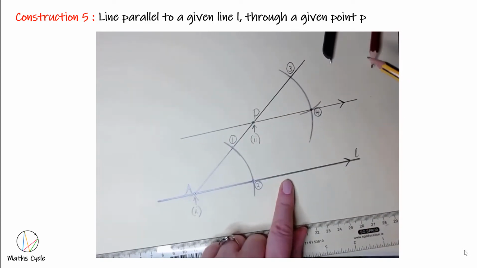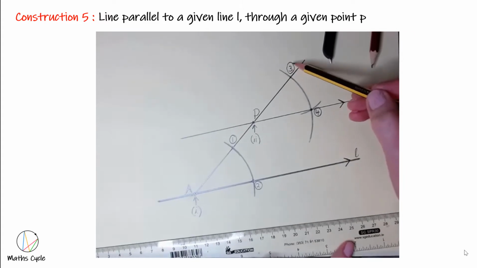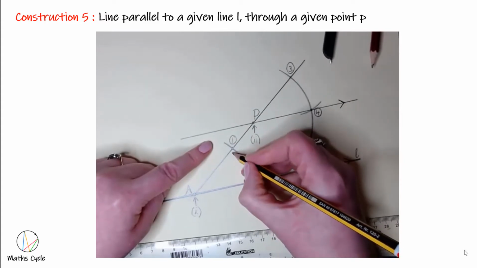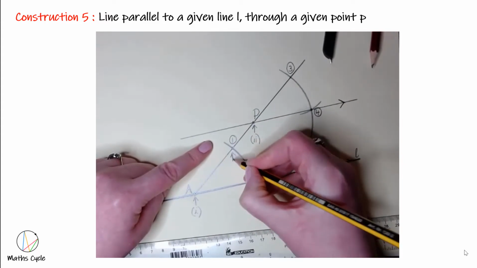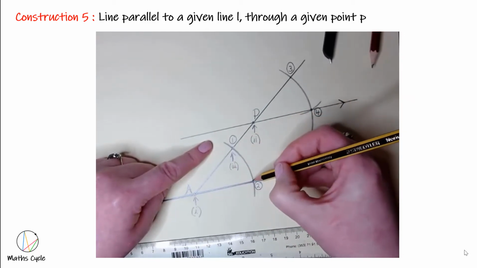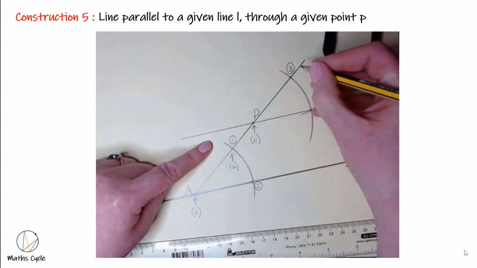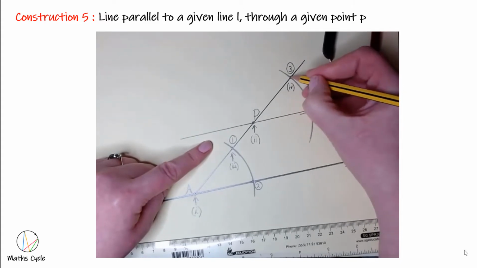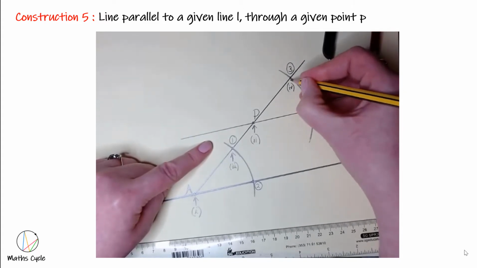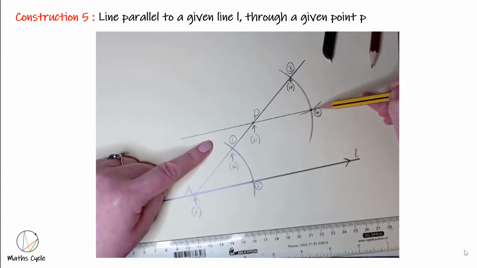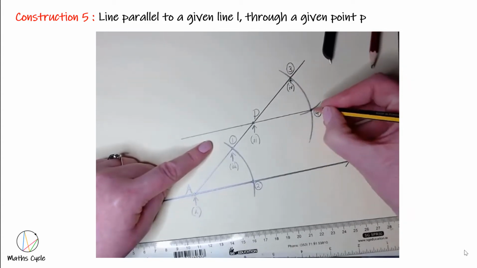Now let's just recap what we did there. After we made the point 3, we came back and put the point of our compass here. That was the third position for our compass, purely to measure this distance here. Then the fourth place we put our compass was here, and then we swung around and made this point at 4.